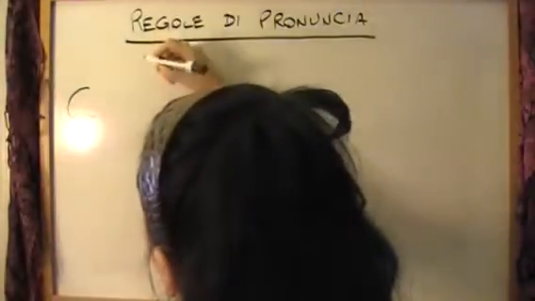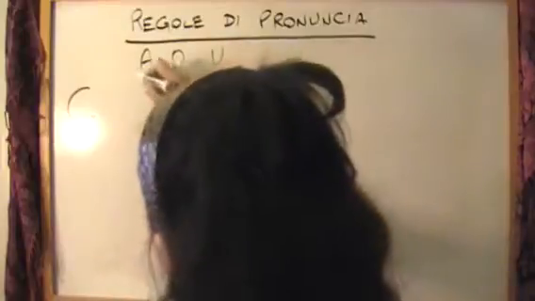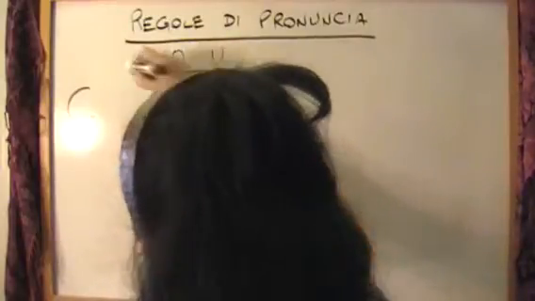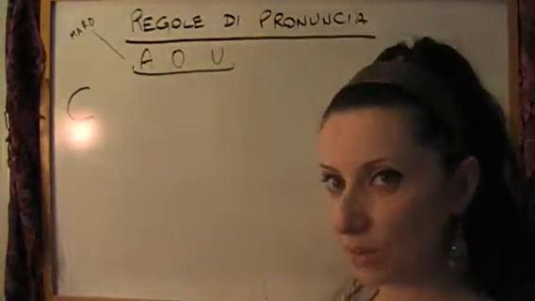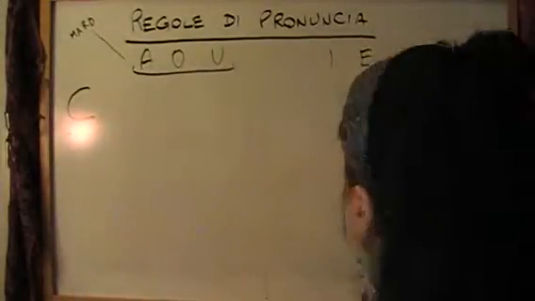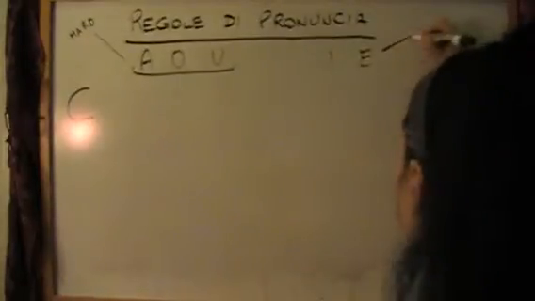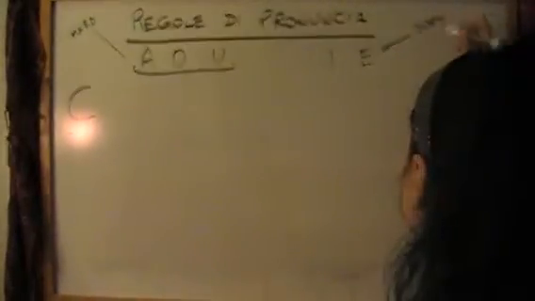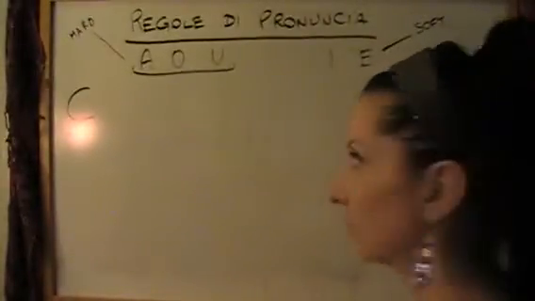First group of vowels: A, O, and U. We're going to call them hard because they originate a hard sound. The second group of vowels is E and I. We're going to call those vowels soft because they originate a soft sound.